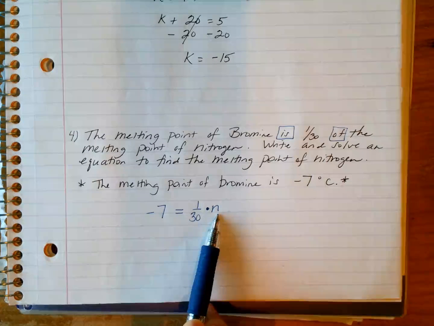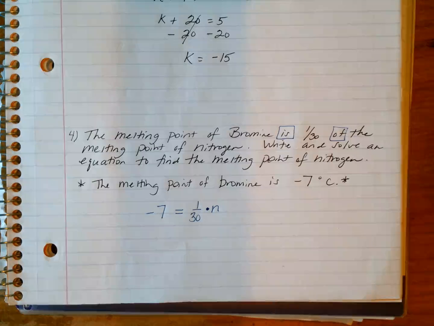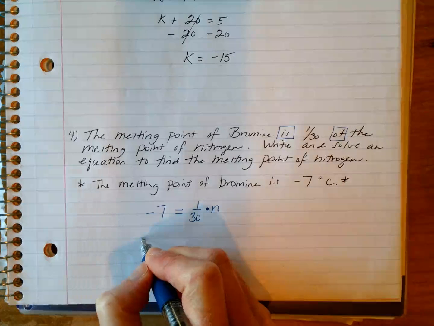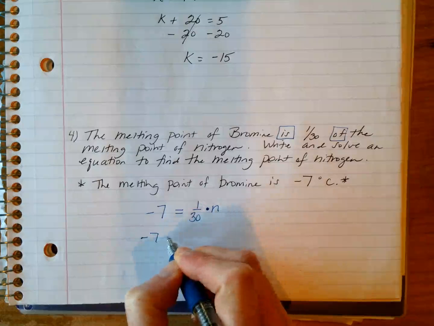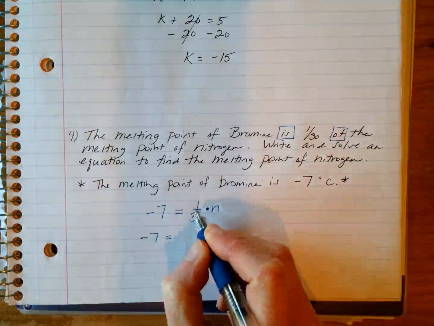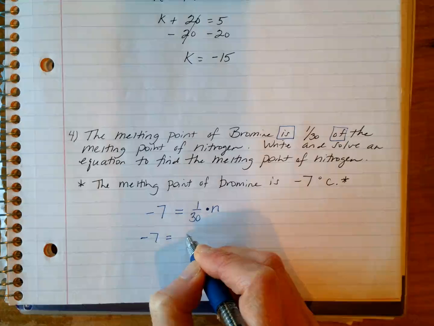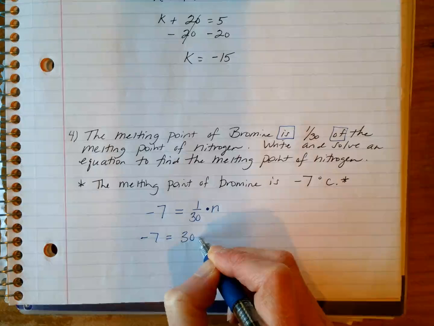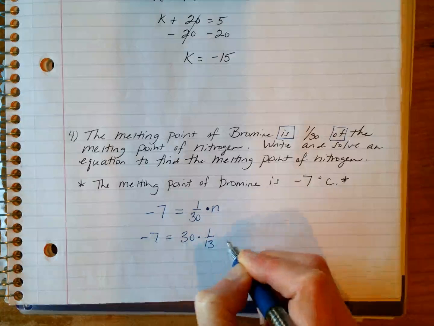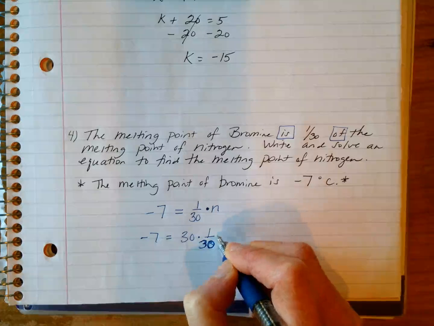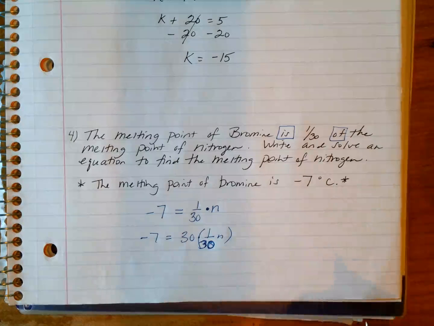And now we can just go ahead and solve it as we would have back in step 2. We are going to undo this multiplication. So we've got our negative 7, and we're going to multiply this by 30 because we are currently working with 1 divided by 30. So we'll multiply a whole number 30 times that 1/30th, and I'll keep that in parentheses there.